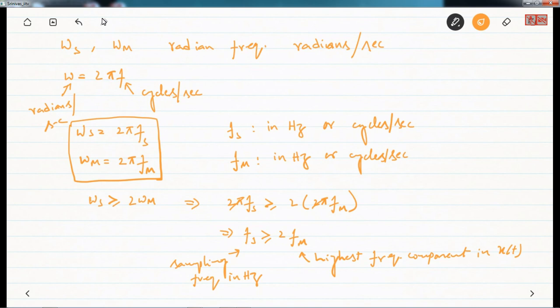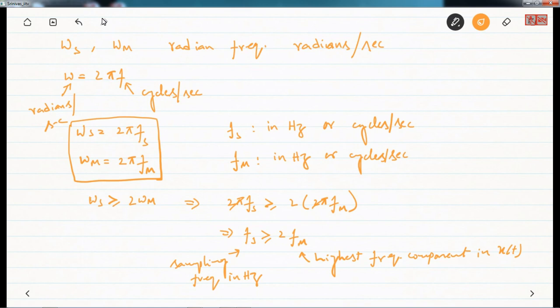Or if you are asked that I have a continuous time signal x of t whose maximum frequency component is 0.5 radians, what should be its minimum sampling frequency? So it should be 0.5 into 2, which is equivalent to 1 radian per second, right?